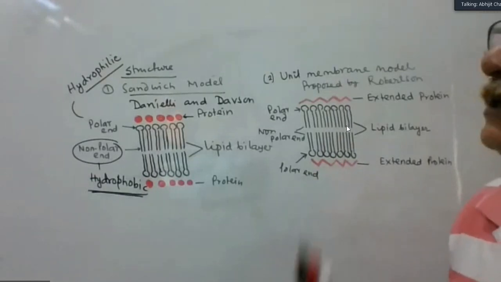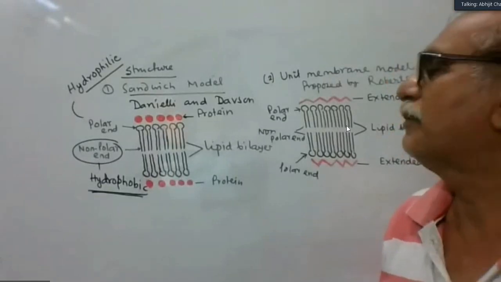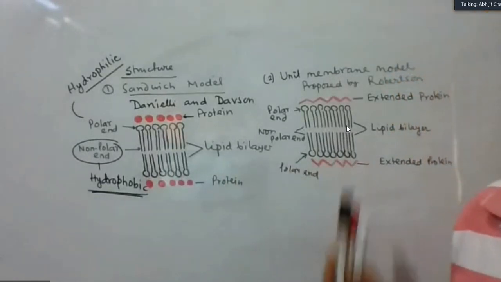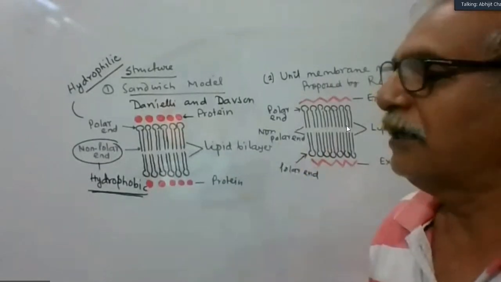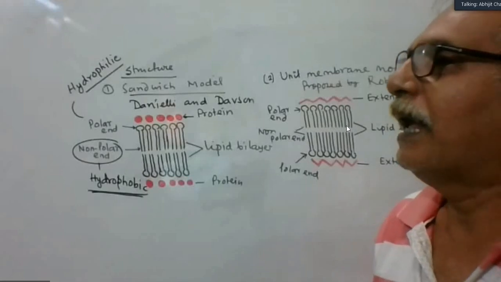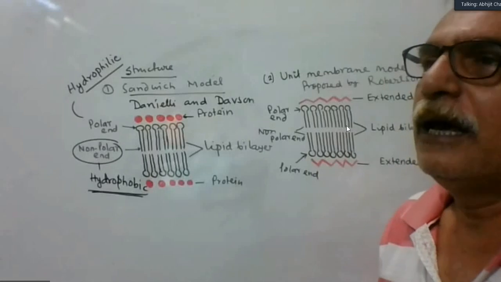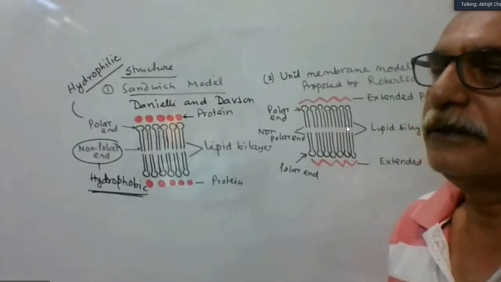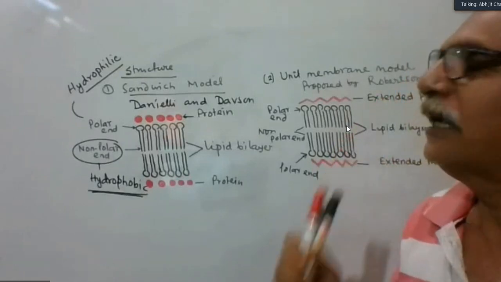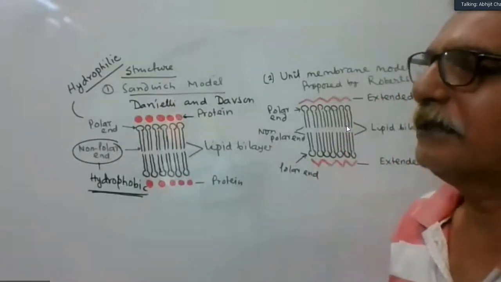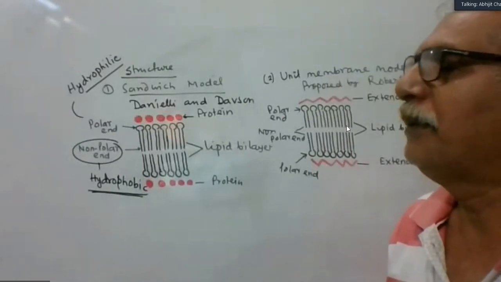And the drawbacks or limitations found in the Danielli-Davson model are also found here in the unit membrane model. So what Robertson said is that, like the cell membrane, all membranous structures present in the cell are made of protein, lipid, protein.